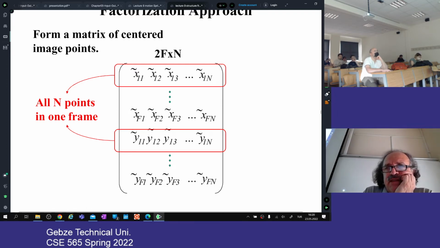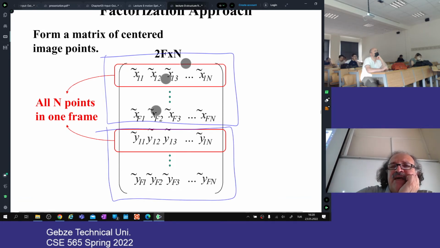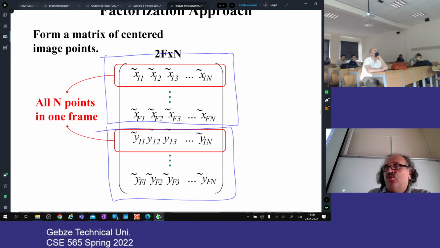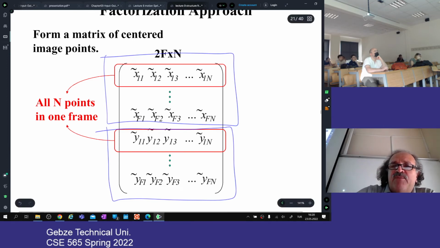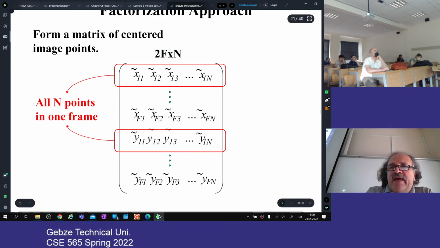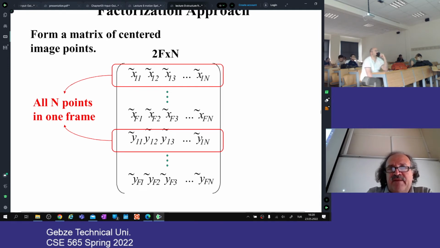This part of the matrix is the same size as this part. Okay? The upper part is f by n, the lower part is f by n. Since I have two components x and y, so this is f by n and this is f by n. If I put them together, it is 2f by n. Okay? So that means what? That means I have n columns and 2f rows. Okay? All n points in one frame.